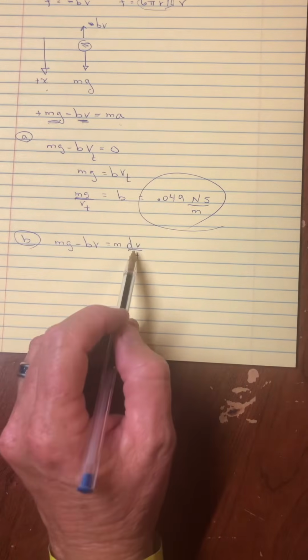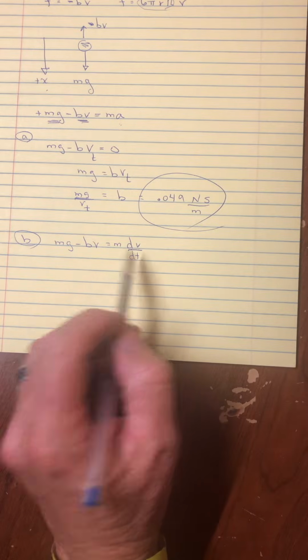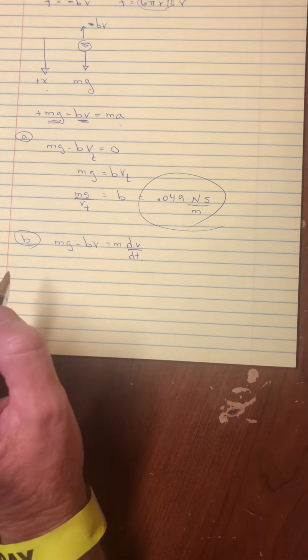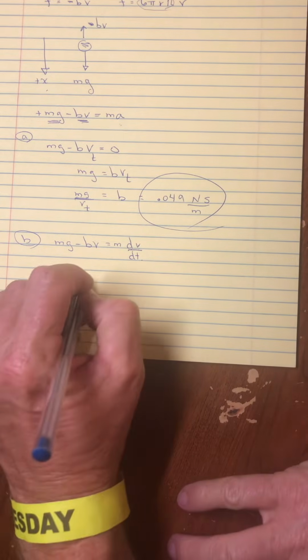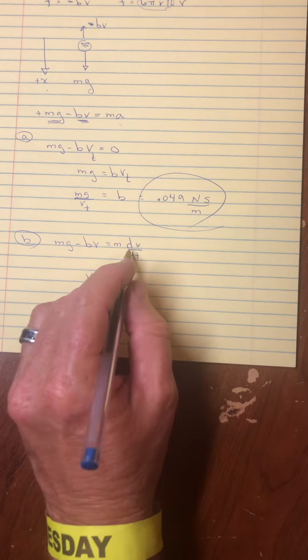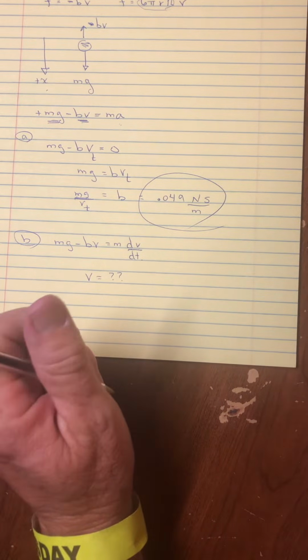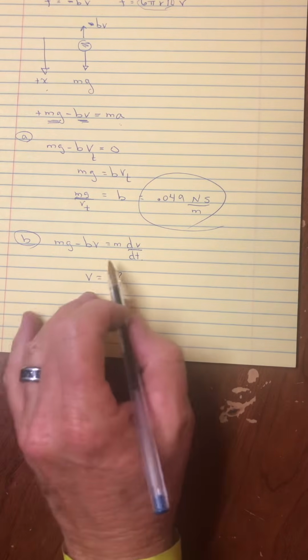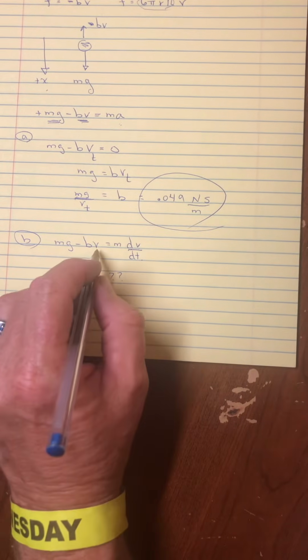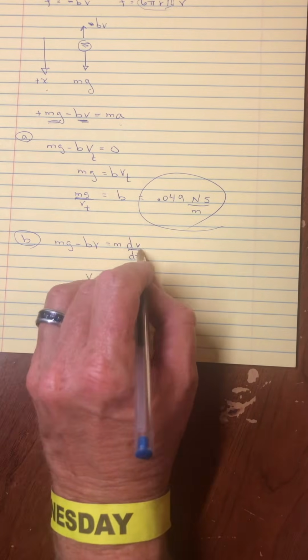Write acceleration as dv dt, because now we have an equation for velocity. And granted, it has a derivative, so we have to integrate it. The key to doing a problem like this is to put things involving v's together with the dv.